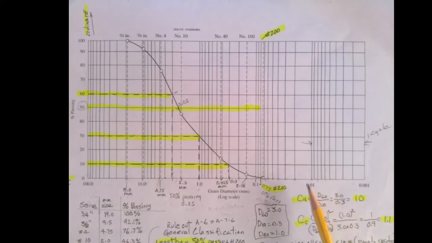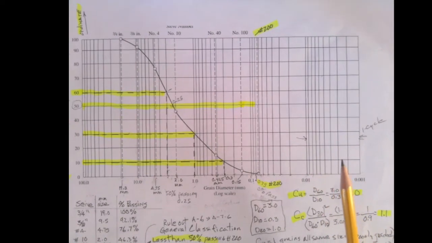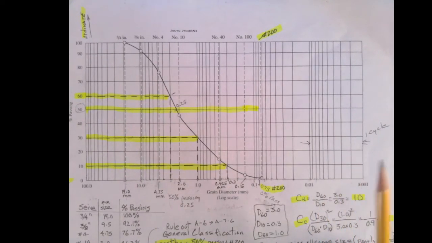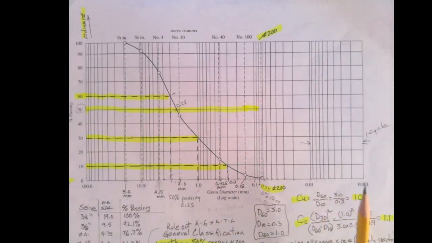You see these lines are spaced differently, starting large and getting smaller in cycles. Right here is one cycle: 1, 2, 3, 4, 5, 6, 7, 8, 9, 10. Most of these charts are based on a log base 10 scale, which has to do with exponential powers of numbers, and I just don't want to go there. But that's why this takes that into consideration.